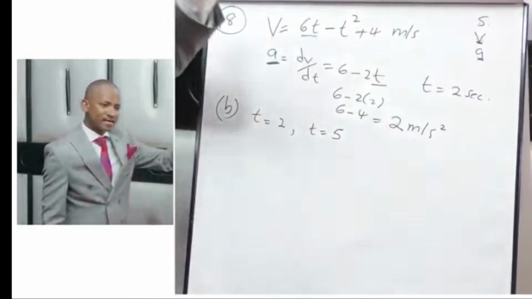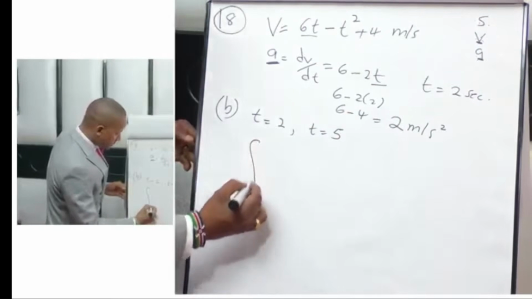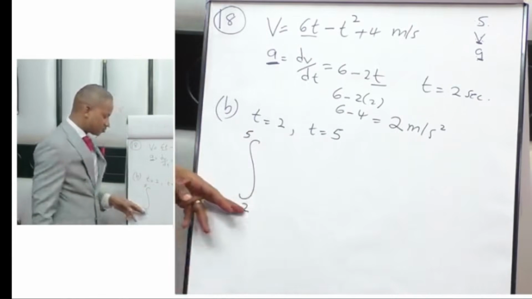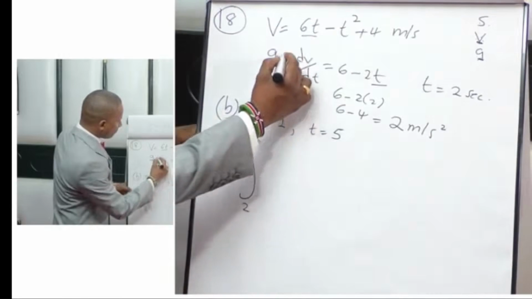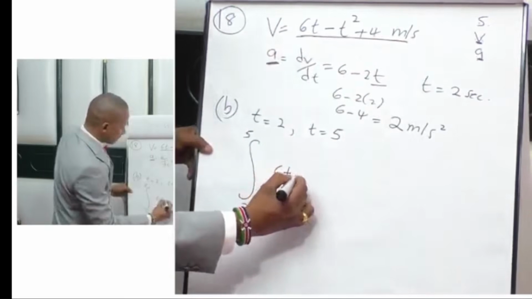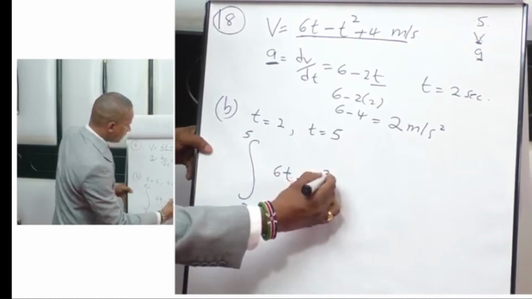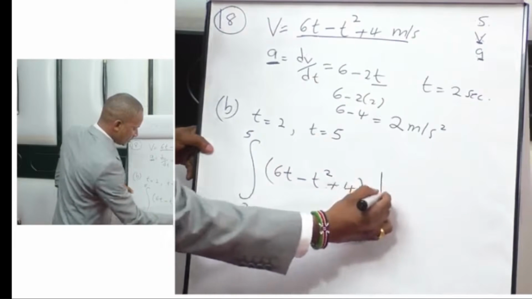So you integrate, the integral sign between 2 and 5. The limits are 2 and 5. Of what? Of our velocity given here, which is 6t minus t squared plus 4, all this dt.